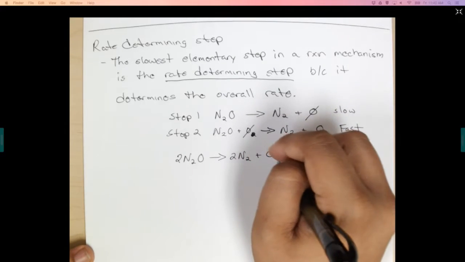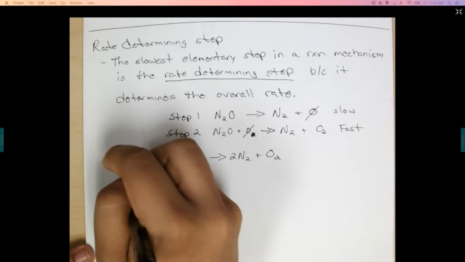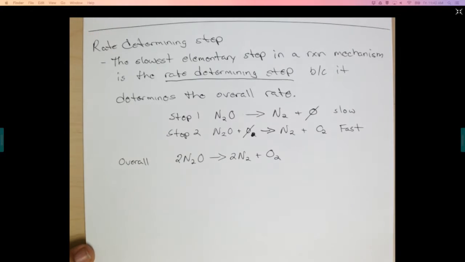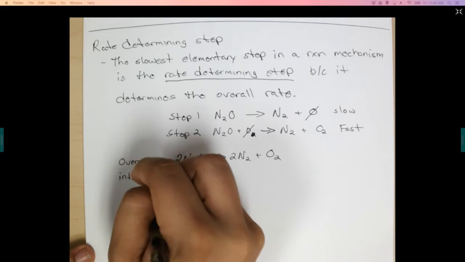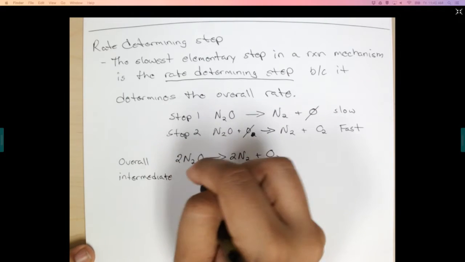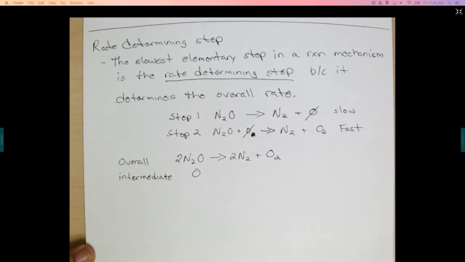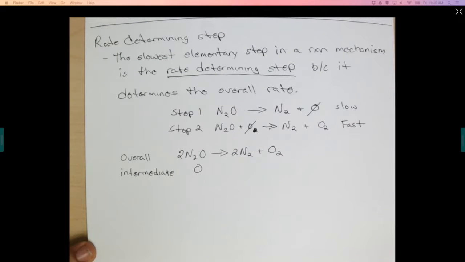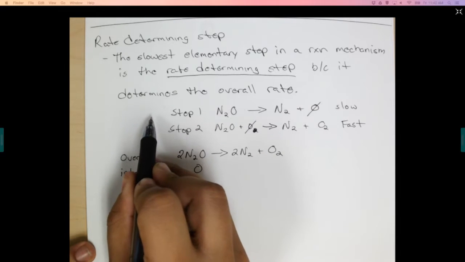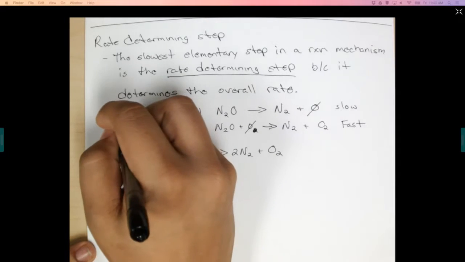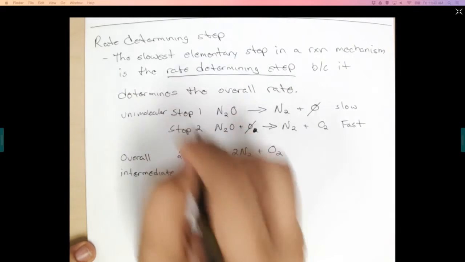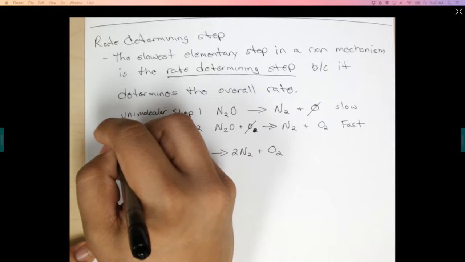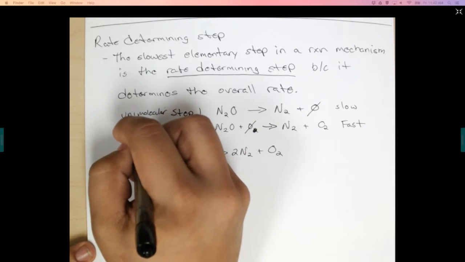Again, this is the overall. We know that the intermediate is O. We also know that the molecularity of step 1 is unimolecular, and step 2 is bimolecular.